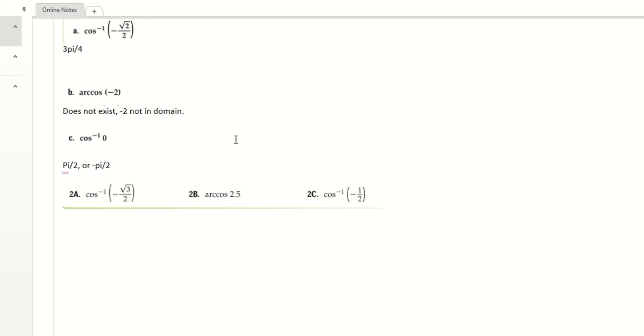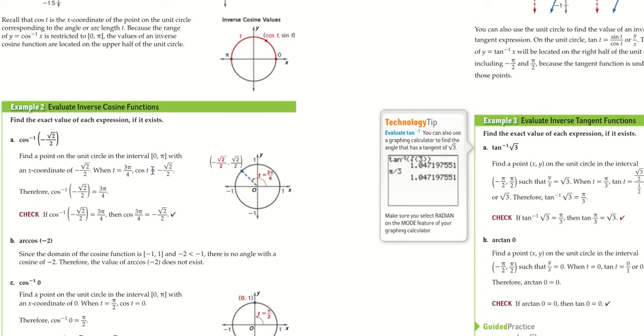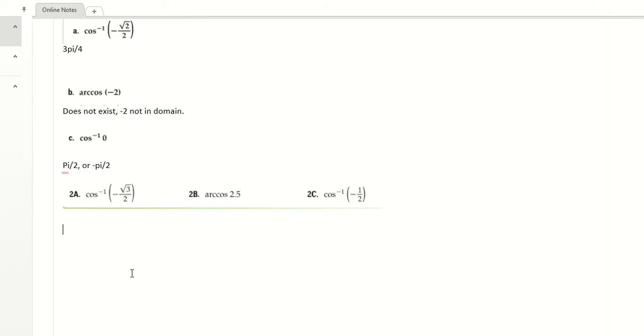I would think we'll probably just take pi by 2, but let's check. Only positive pi by 2 is taken. Oh, you know what? Because cosine was from 0 to pi, not from minus pi by 2 to plus pi by 2. That makes sense. It can't be minus pi by 2 because the domain is from 0 to pi.